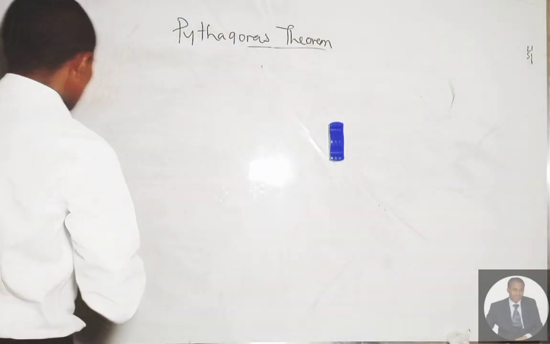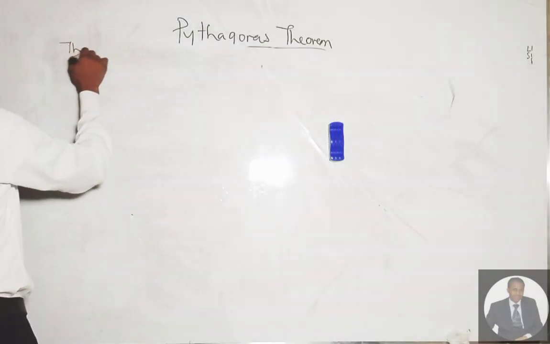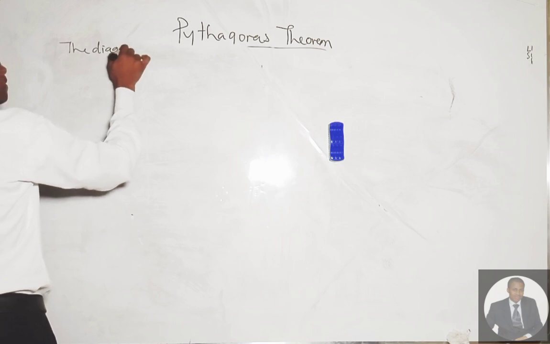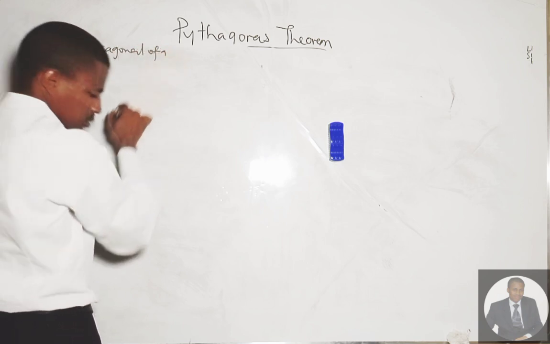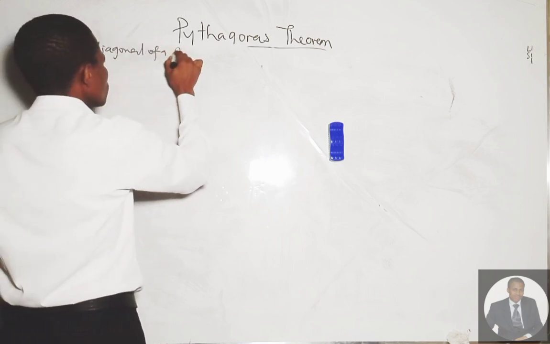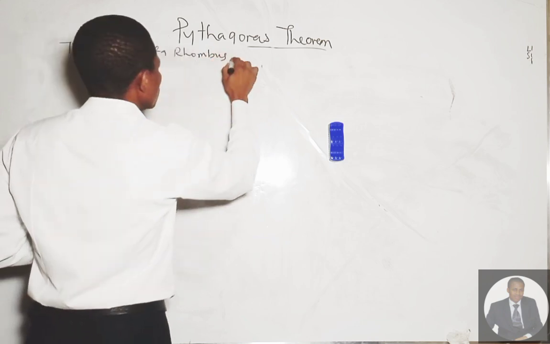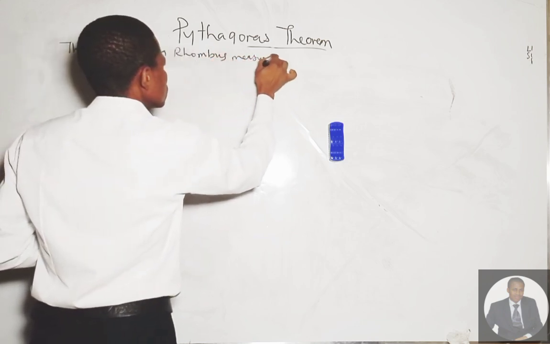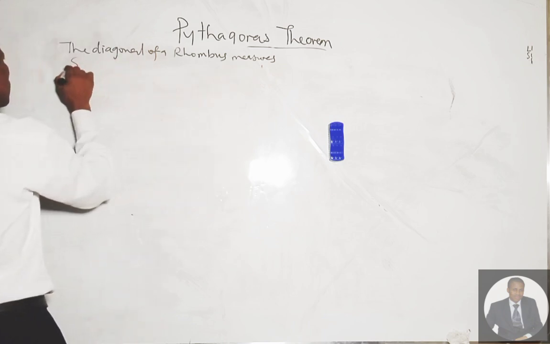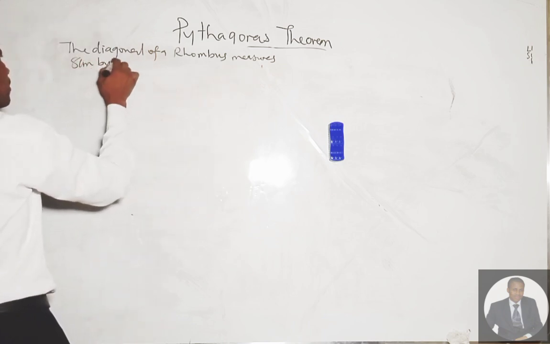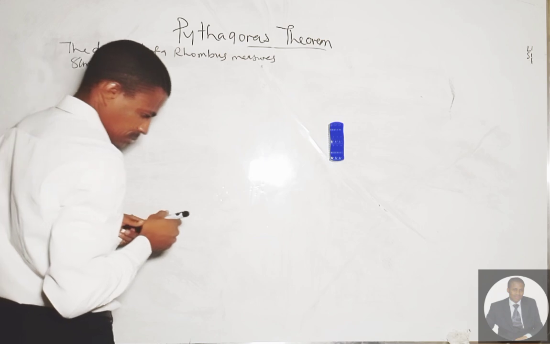Let's look at another question. The diagonals of a rhombus measure 8 centimeter by 6 centimeter.